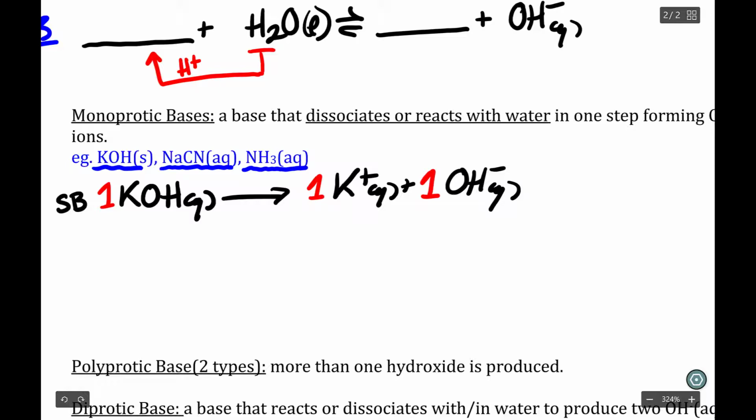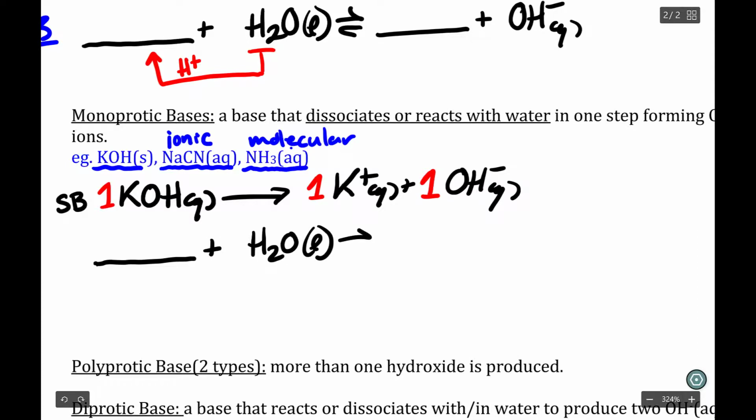Now, the next 2, one of them is ionic, of course, and this one here is molecular. But for both of them, I'm still going to go blank plus water is in equilibrium with blank plus OH minus.